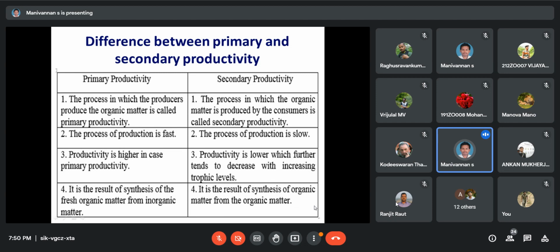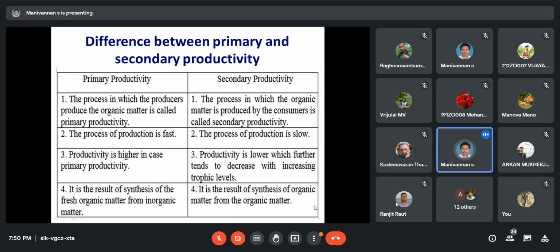What is ecological efficiency? It is the relationship between the amount of energy accumulated and the amount of energy utilized within one specific level of the food chain.